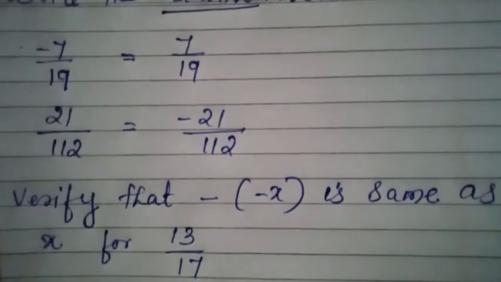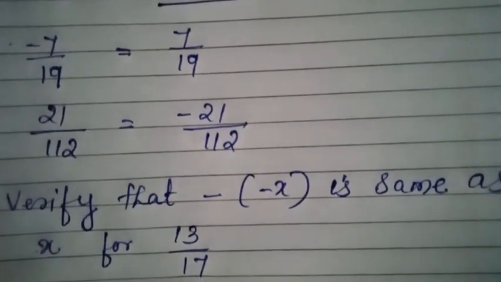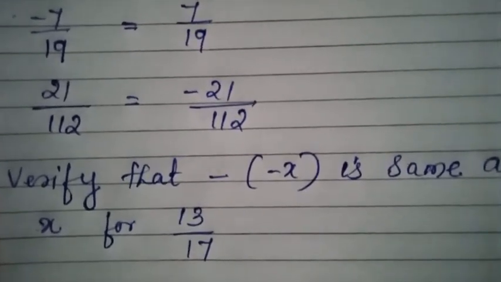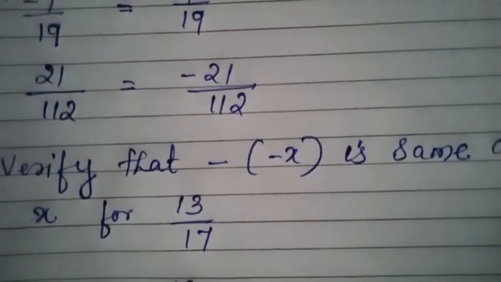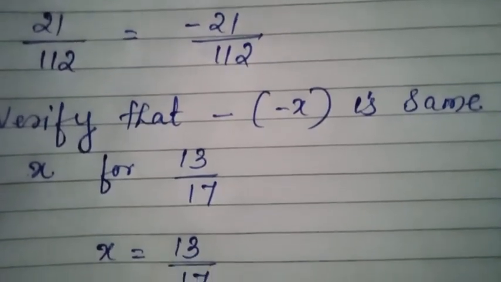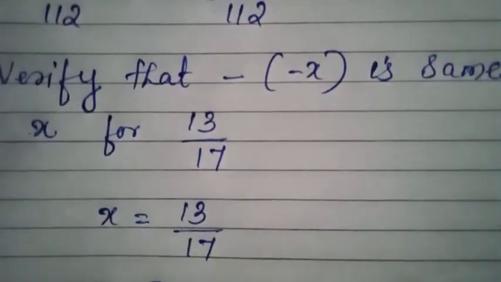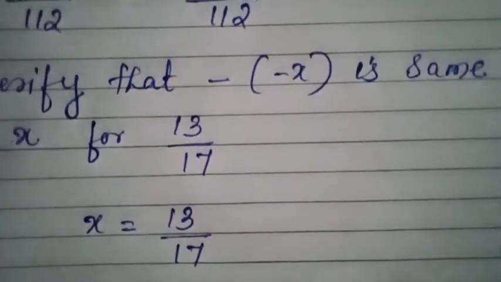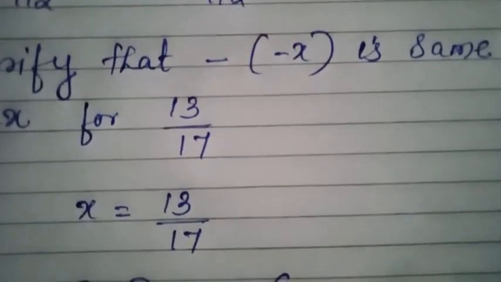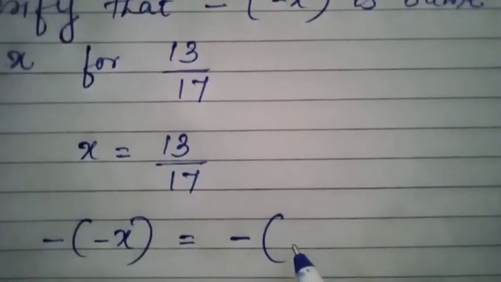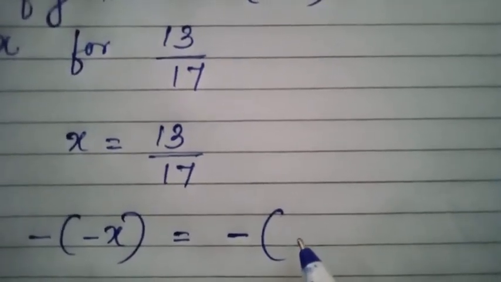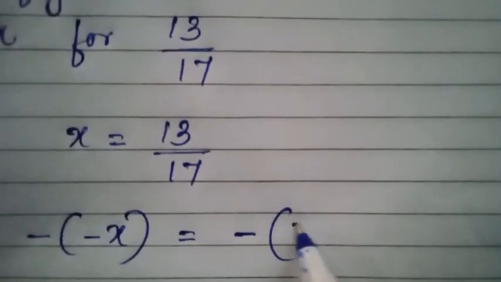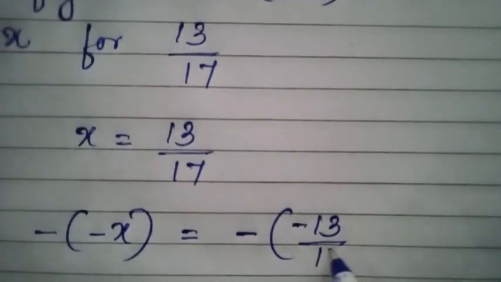So here x is 13 by 17. What they ask is to verify that minus of minus x. Minus of minus x. That means minus of what is minus x? X is 13 by 17. Minus x, we should take the additive inverse. Okay. So that is negative 13 by 17.